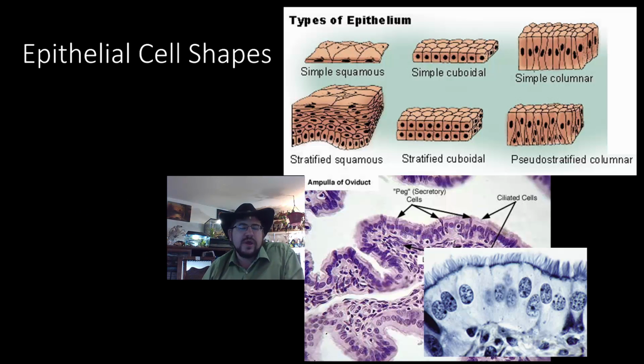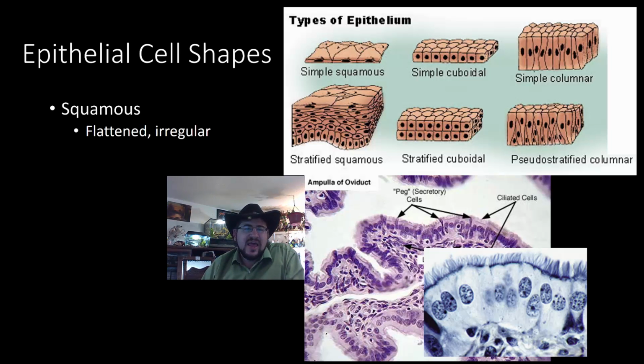There are three basic epithelial cell shapes that we'll mention. The first is squamous. Squamous epithelial cells, or squamous epithelium, are flattened cells that are irregularly shaped.